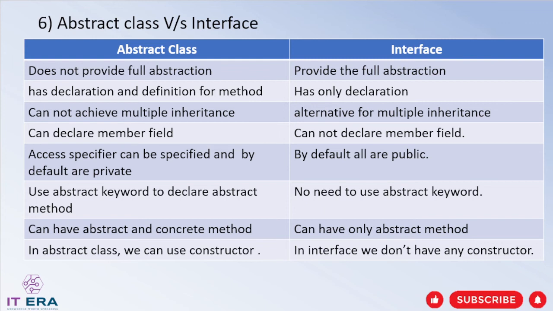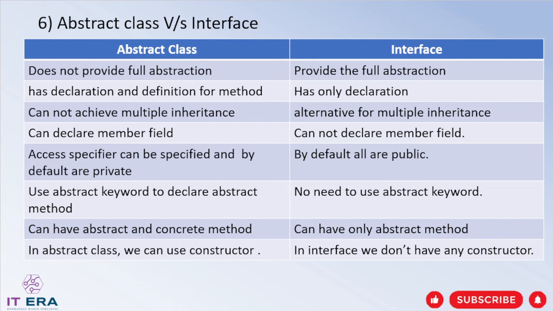So, while giving the answer to this question, you can say, well, abstract class does not provide full abstraction, but interface provides full abstraction. The abstract class has declaration and definition for methods, but interface has only declaration for methods. Abstract class cannot achieve multiple inheritance, whereas interface is the only alternative for multiple inheritance.